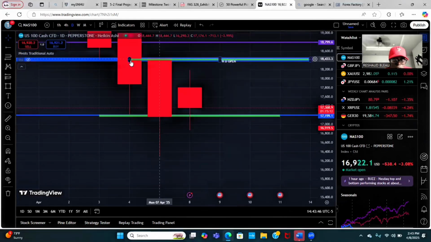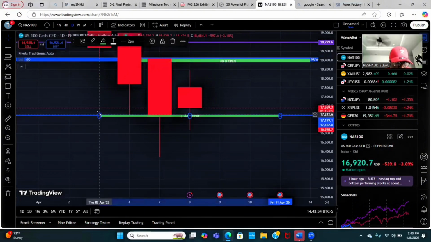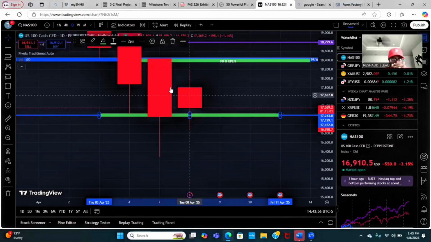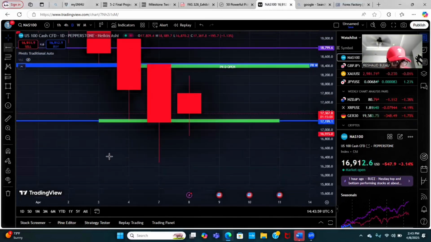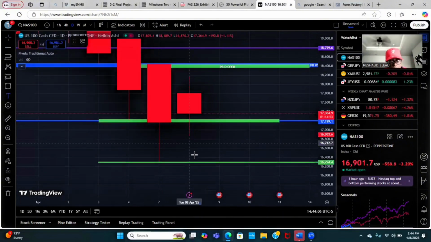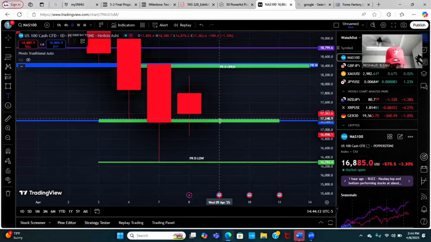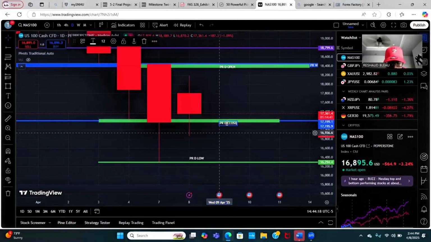I want to be able to see. Now we're going to mark the previous daily low because there's no high. So previous daily low, the previous daily close, and that's the previous daily open. So now we've got that all set up.